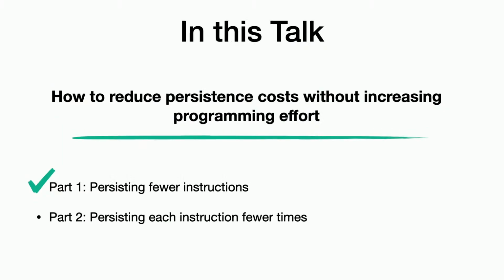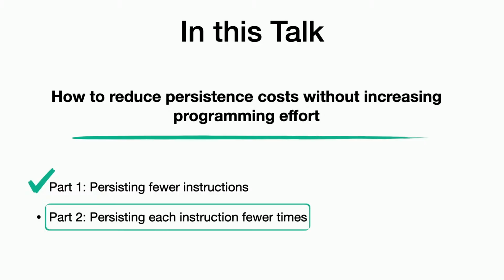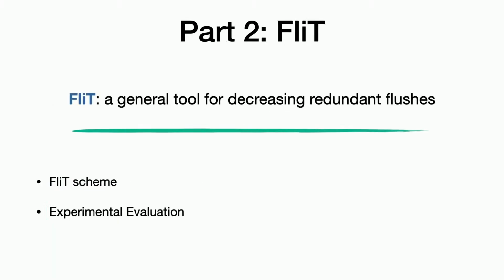Okay, so now I'll take a few more minutes to tell you about one other work which said, okay, well now we know which instructions to flush, but we don't want to have several threads all flushing the same place, since that is redundant.